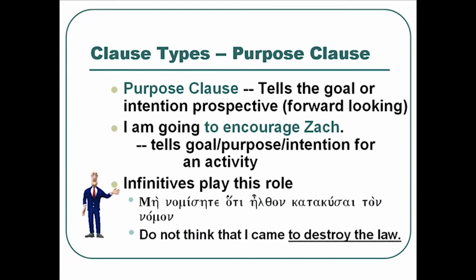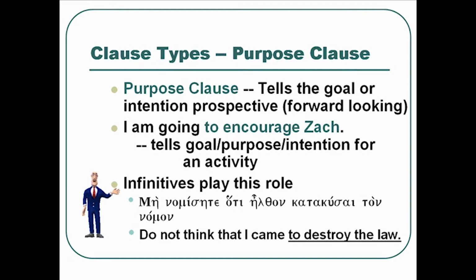Now, these purpose clauses may be constructed by using infinitives. So, for example, we have Me nomisete hoti elthon katakusai ton nomon. Do not think, nomisete, that, hoti, I came, elthon, and then here's our purpose clause, katakusai ton nomon, to destroy the law.